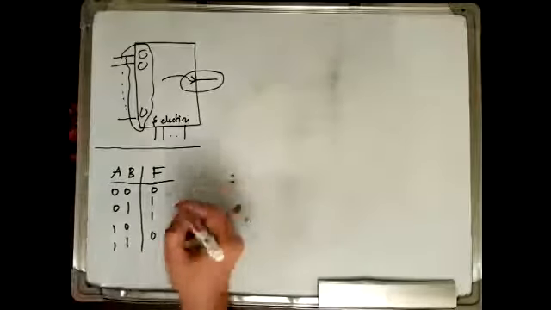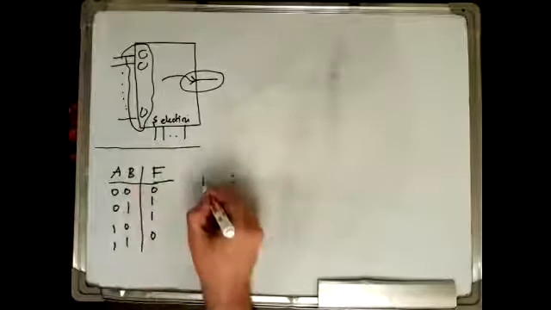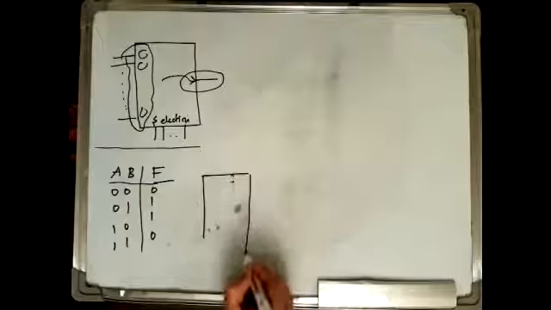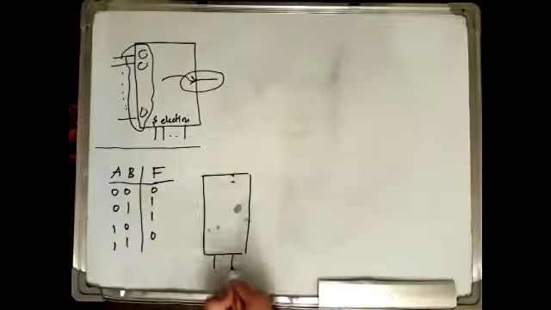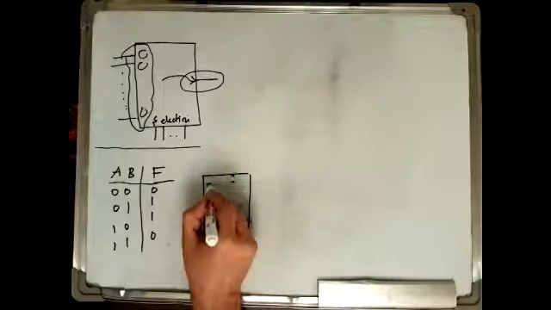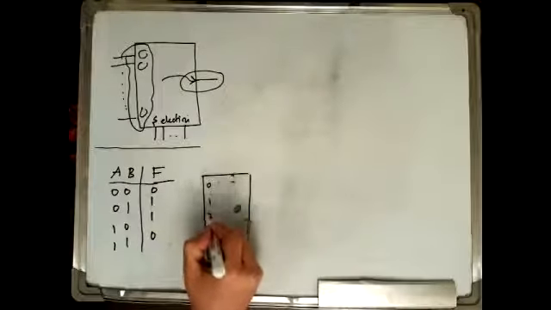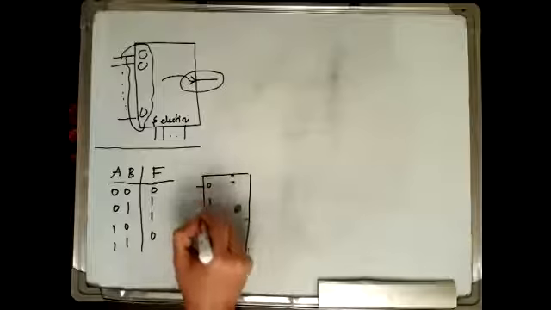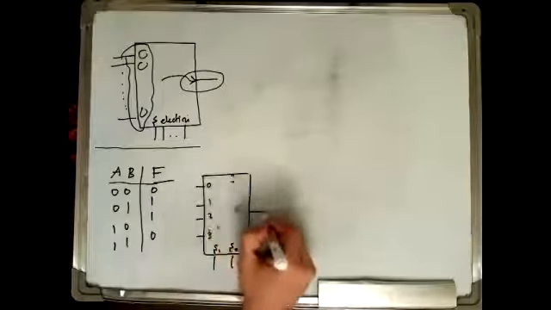We need a 4-to-1 multiplexer. So this is a 4-to-1 MUX. The selection lines S1, S0. The data lines input 0, input 1, input 2, input 3. And this is the output.